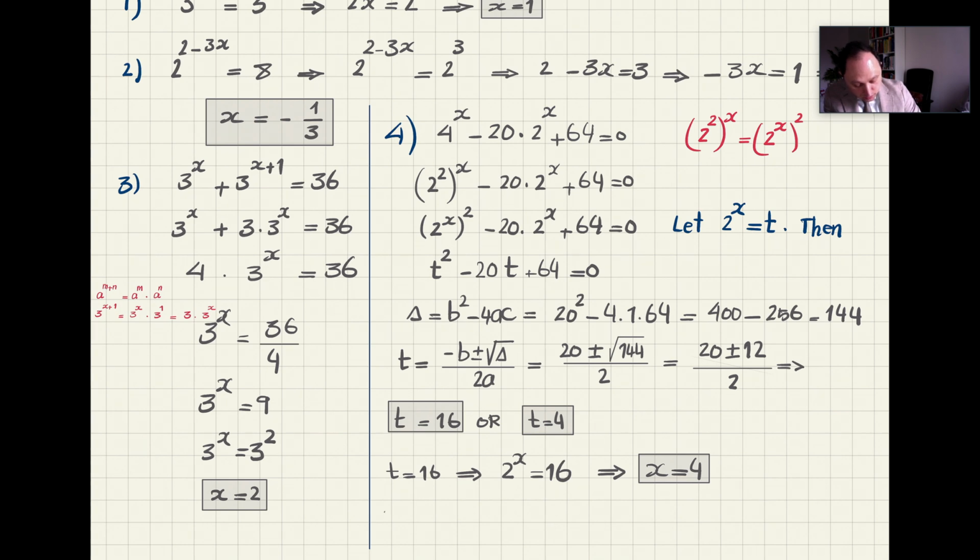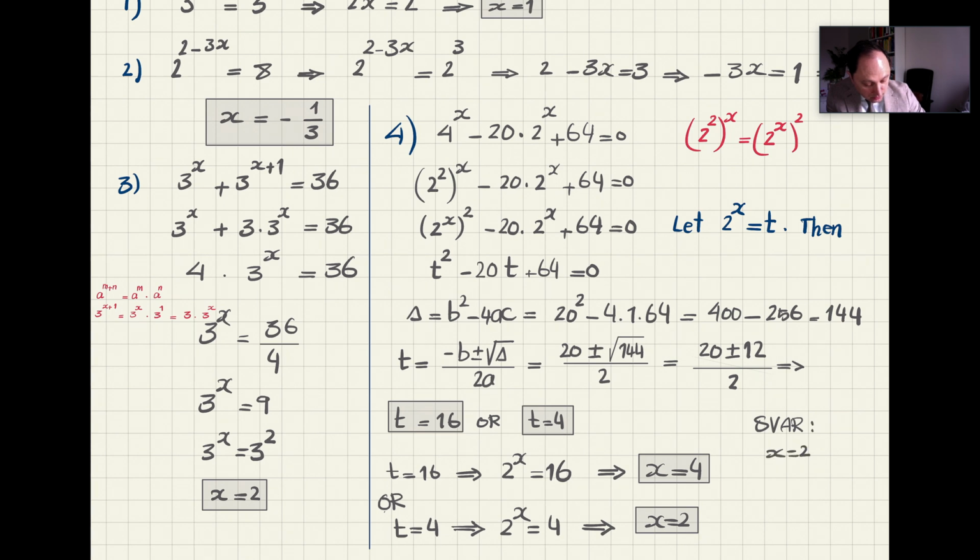Or it might happen that t is not 16, t is 4, but then it becomes clear. 2 to the x is equal to 4, and then what I get is that x is equal to 2. So the answer to the problem are actually these two. What you need to write as the answer are not the t values, but the x values.